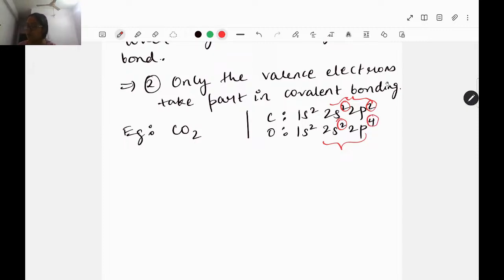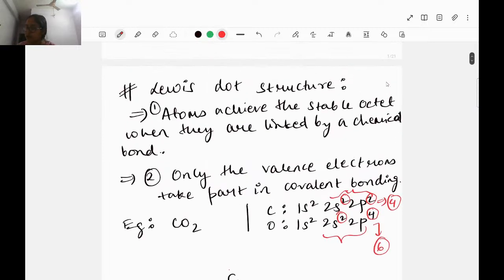So now how do we draw the Lewis dot structure? Carbon is the central atom. As you can understand, there is only one carbon and 2 oxygen atoms, so carbon has to be the central atom because it is lesser in number. Carbon has 4 valence electrons and oxygen has 4 plus 2, 6 valence electrons. Let us draw the valence electrons in the form of dots, and that is why it is known as a Lewis dot structure.